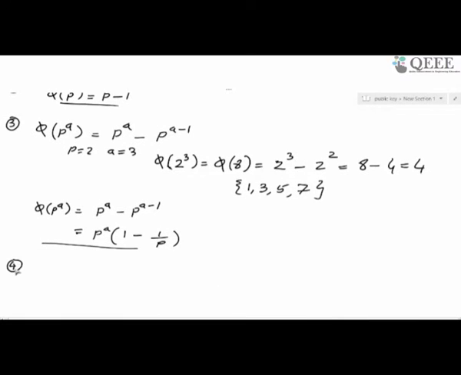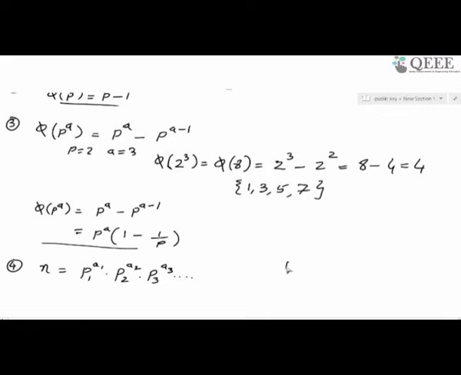Now we can combine this fact along with the earlier fact, a generalization of this, and show something. The fundamental theorem of arithmetic states that any number n can be factored into its prime powers. So for example, you can represent n as some prime p1 raised to some exponent a1 into p2 raised to exponent a2, p3 raised to a3 and so on.